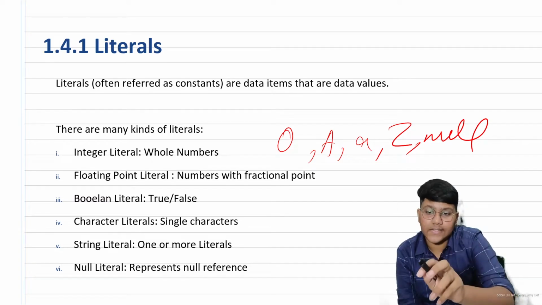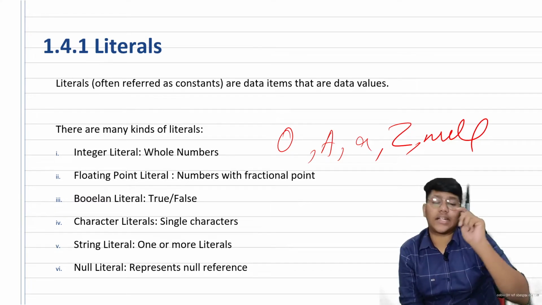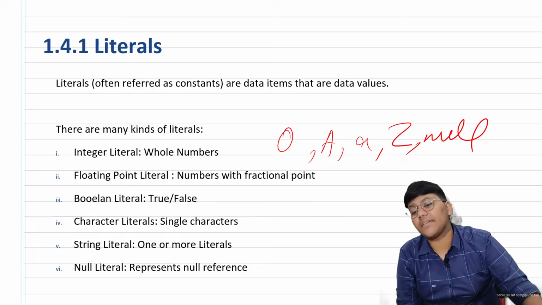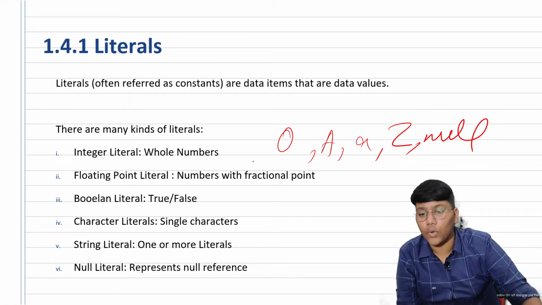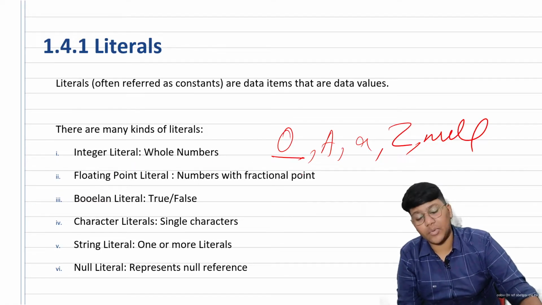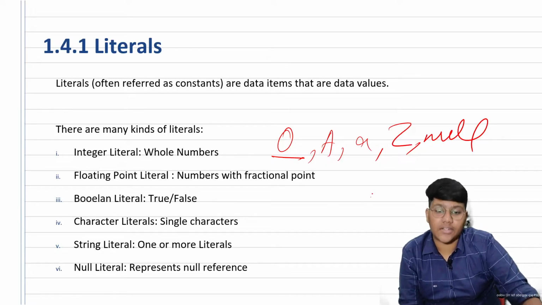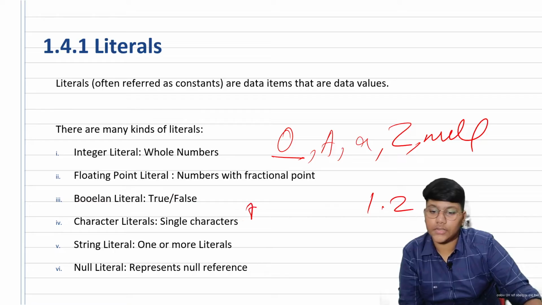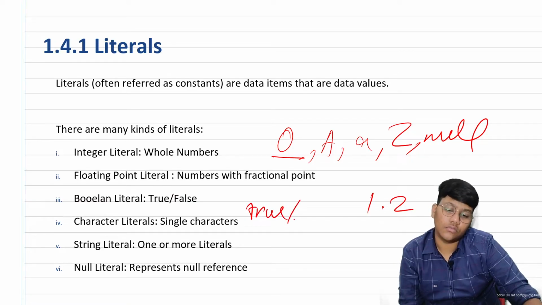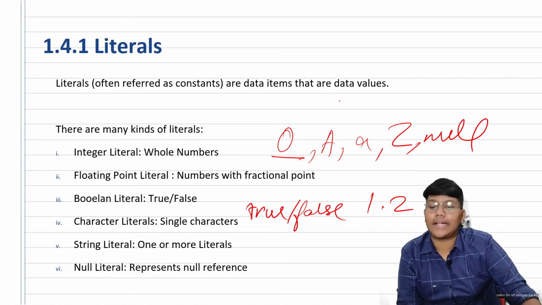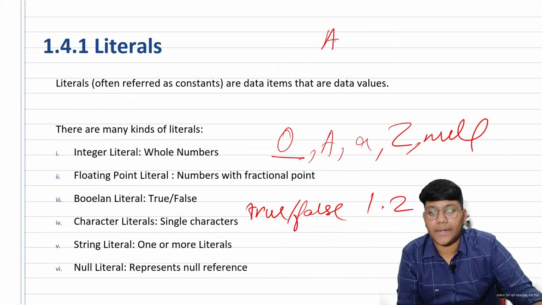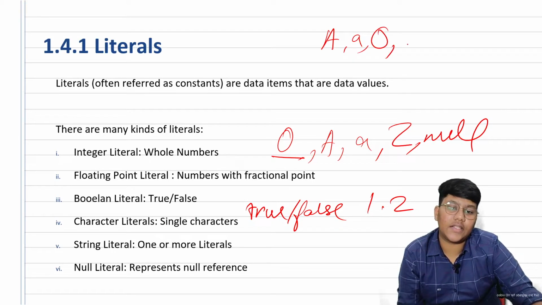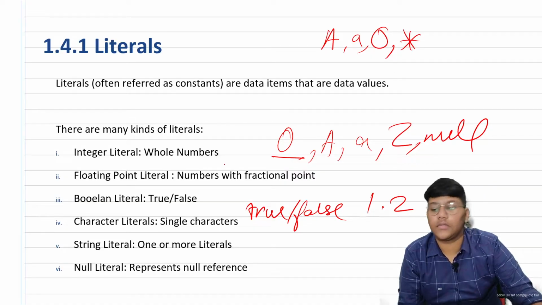There are many kinds of literals: integer literal, whole numbers; floating point literal, numbers with a fractional point, like 1.2; boolean literal, only true or false; character literal, single characters. Characters may be capital A, small a, 0, star, etc.